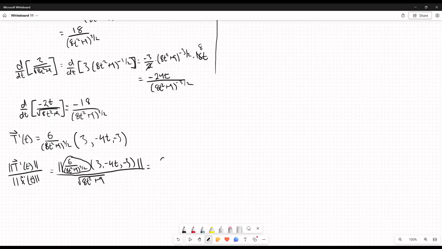So I'm really going to write this as 6 over 8t squared plus 9 to the 3/2 times the magnitude of 3, negative 4t, negative 3. And then I'm going to write this as 1 over square root of 8t squared plus 9, just so we can see how stuff cancels out.